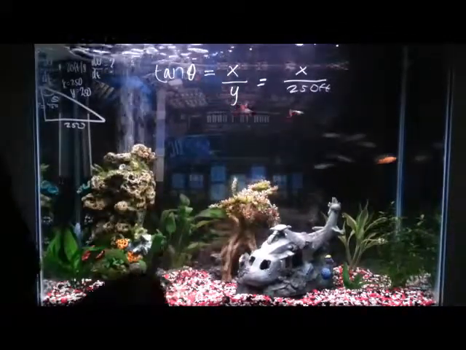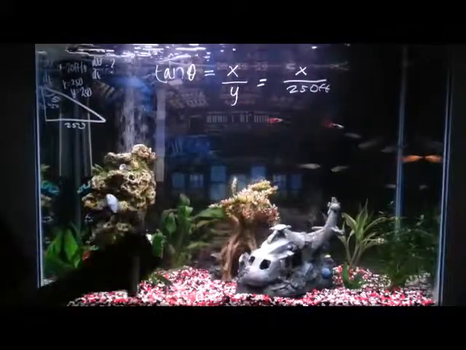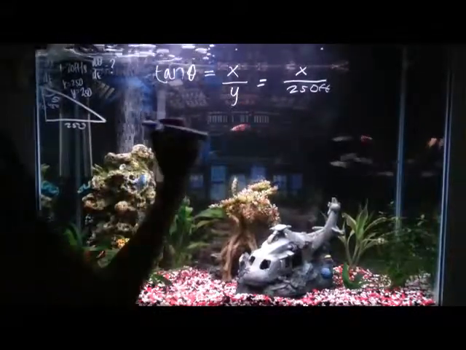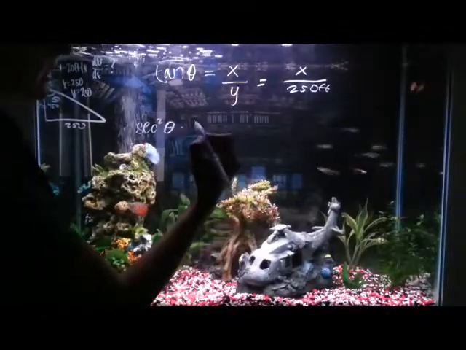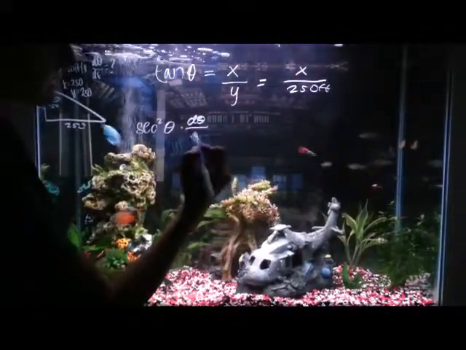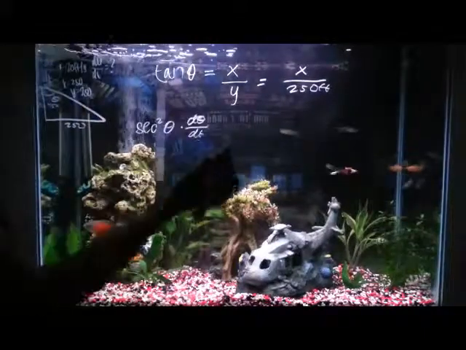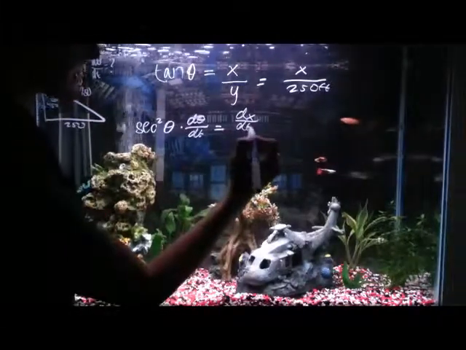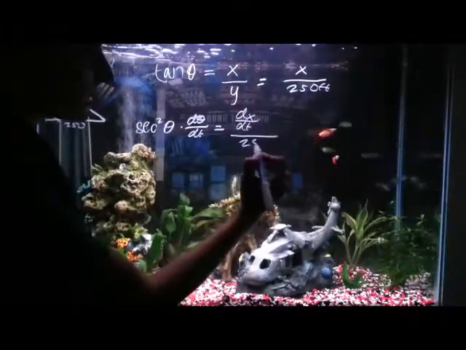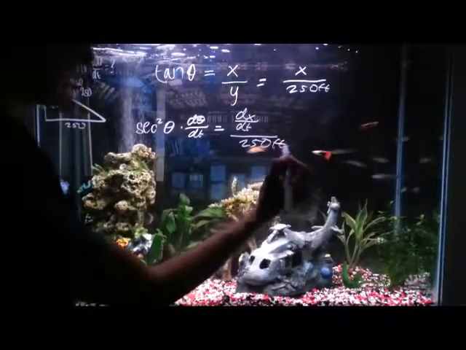And that's going to be our general equation that we can now derive. The derivative of tangent we know is secant squared of theta multiplied by the derivative of theta with respect to time, because that's chain rule, equal to the derivative of x with respect to time divided by 250 feet.